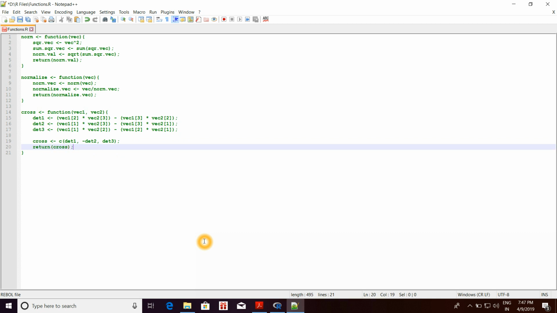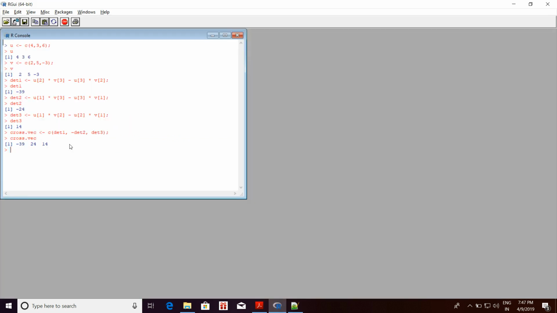Now in the prompt, first we have to load the source file because I have already changed that.